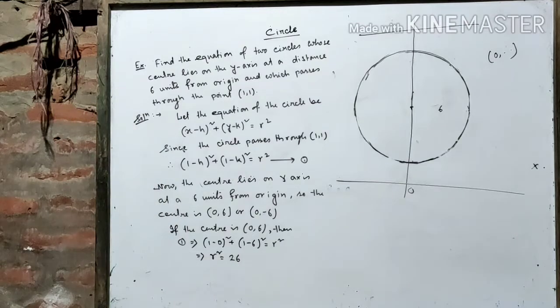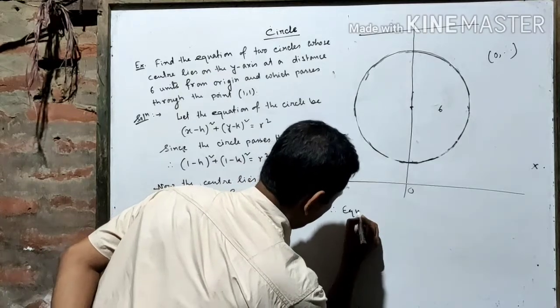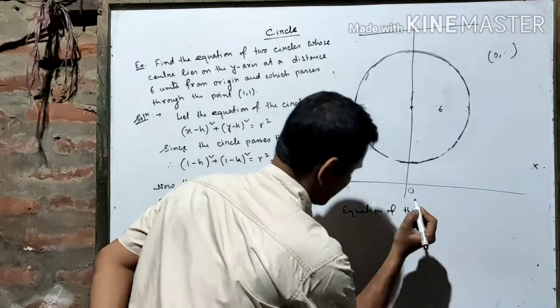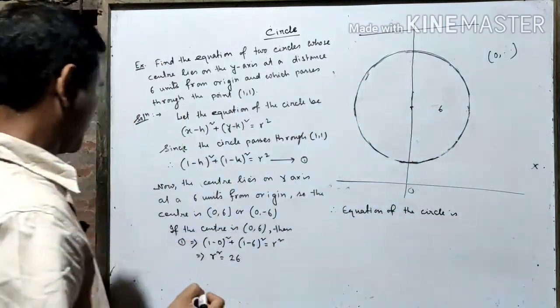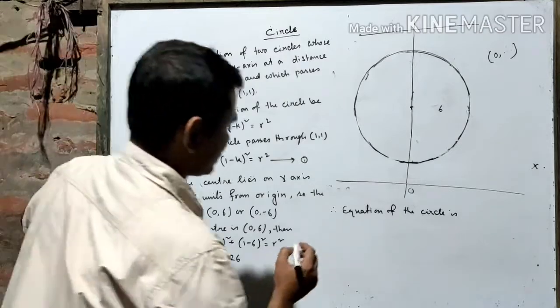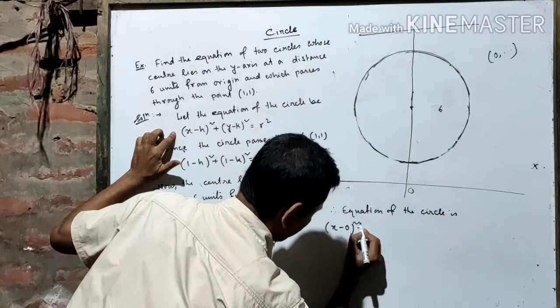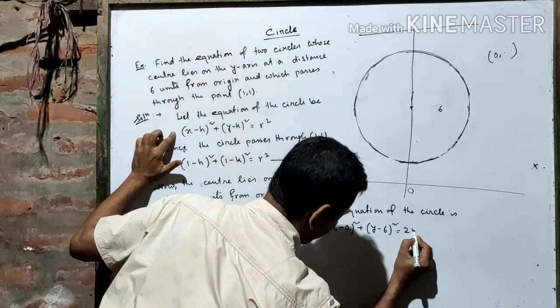So in this case, the equation of the circle is: x minus h means x minus 0, plus y minus k means (y minus 6) whole square is equal to 25.